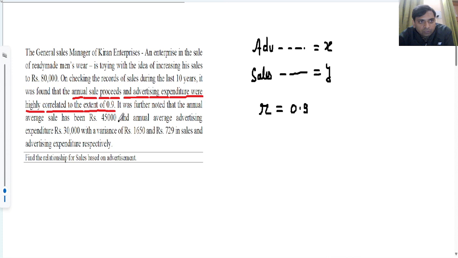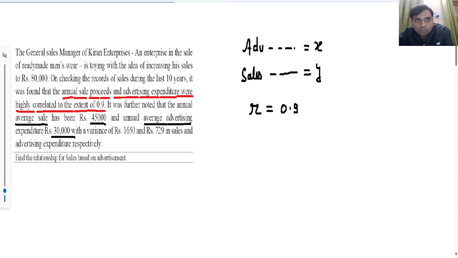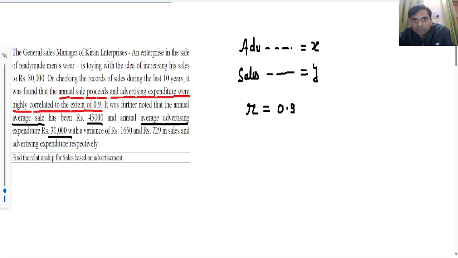It was further noted that the annual average sale is 45,000 and the average advertisement expenditure is 30,000. So the average of sales is denoted by y bar, and this equals 45,000.